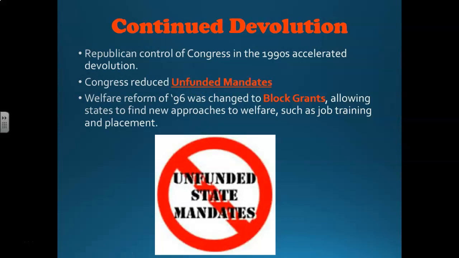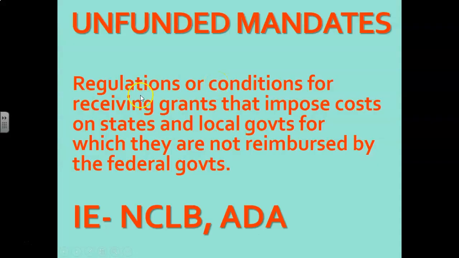So obviously states hate unfunded mandates, and conservatives hate unfunded mandates because they feel like it's the federal government taking control. An unfunded mandate is, again, regulations or conditions, and you don't get any money. You're not getting any grants. You're just being told to do something, but you're not being reimbursed.